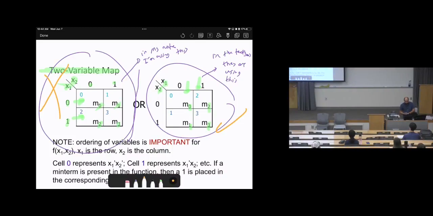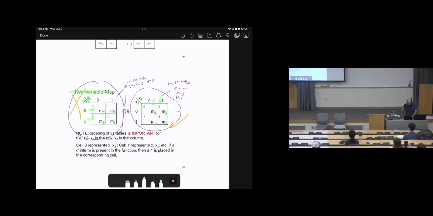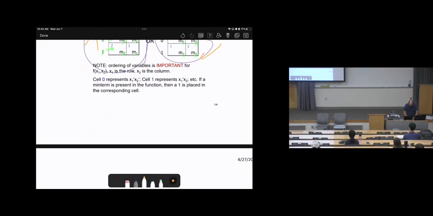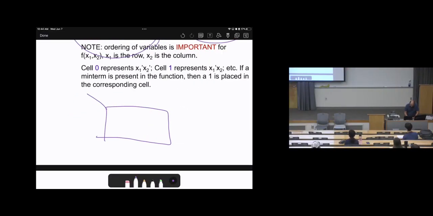Okay? So basically how we do counting: we have 2 variables, so we have 4 cells. We can say this is x2, this is x1, here is 0, 1, here is 0, 1.